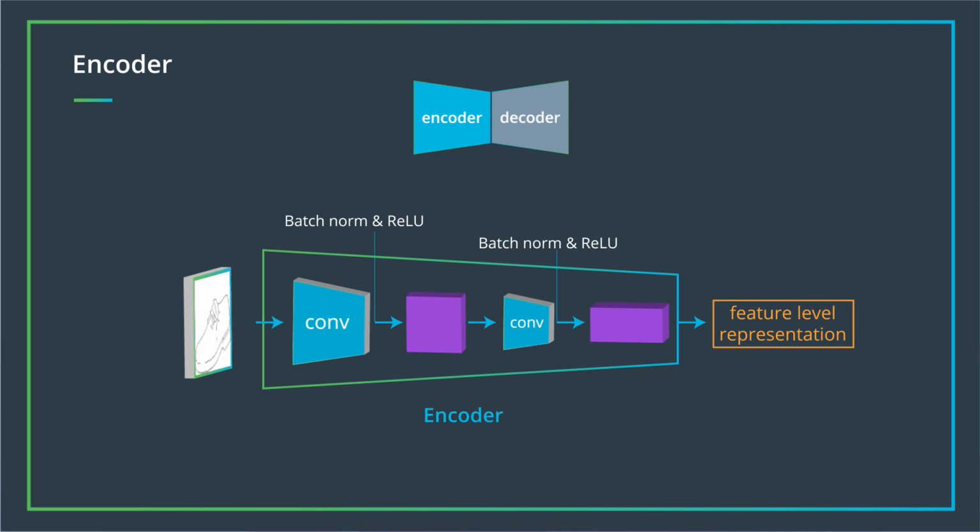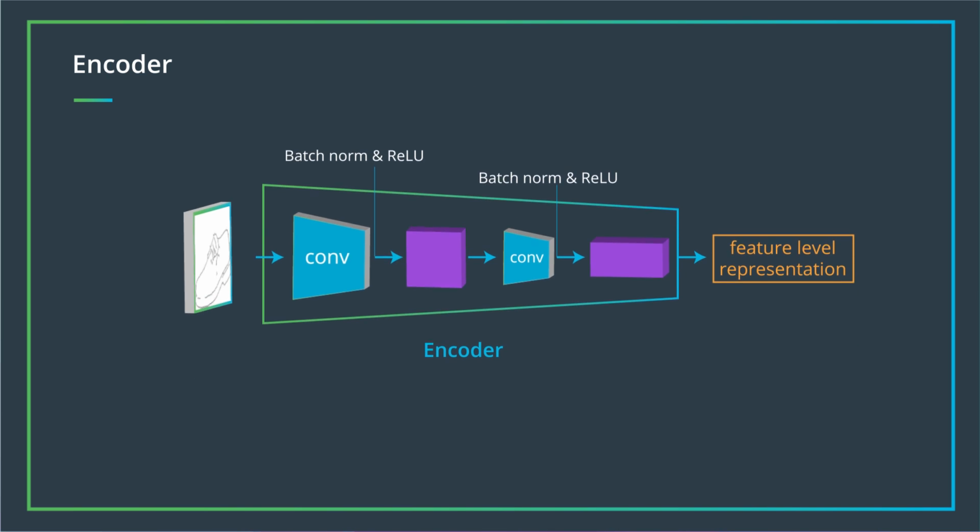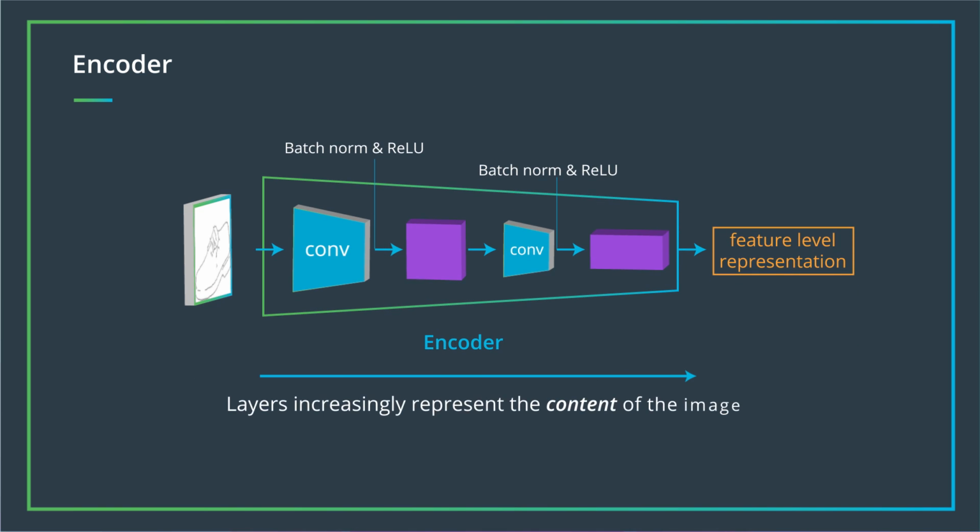That is, as we go deeper into the layers of this encoder, the input image is transformed into feature maps that increasingly care about the content of the image, rather than the detail about the texture and color of pixels, which is something close to style.